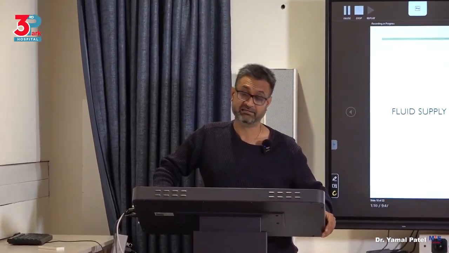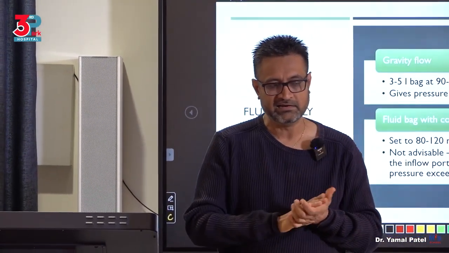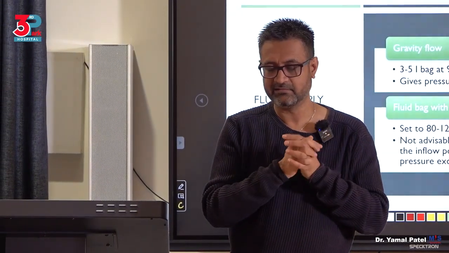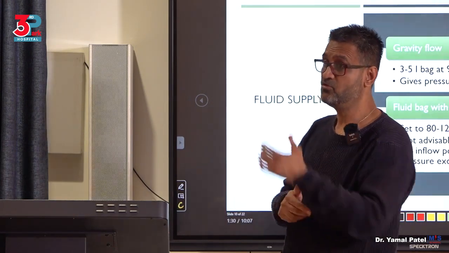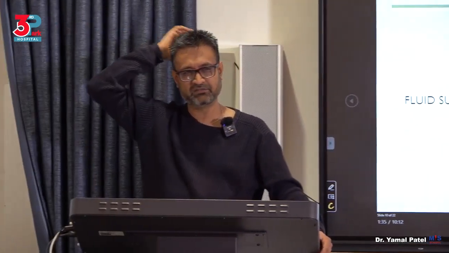So I told you 70 is a good flow pressure for you to do a diagnostic hysteroscopy and all that stuff. So it's a good pressure. You can work with it. So if you don't have a fluid distending agent or mechanism, in this case the pump, then you can work with this, but mainly for diagnostics. Okay, you can't work with it for operative. It's a bit difficult. The second thing is you could use the same bag and then put a compression cuff on it.